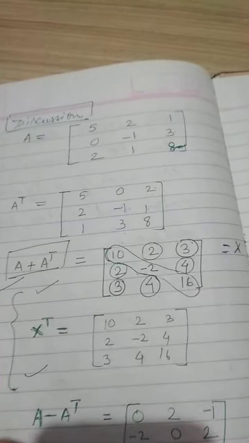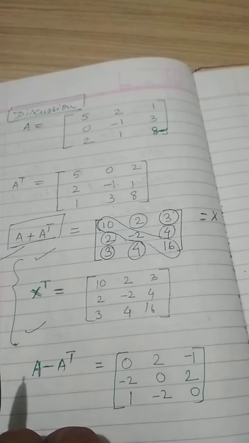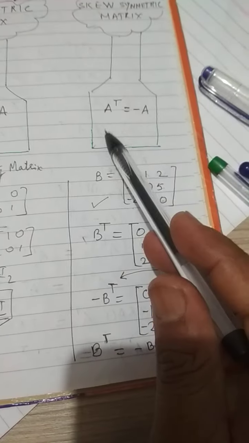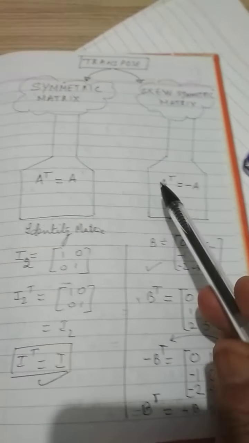What is a skew symmetric matrix? A skew symmetric matrix is that matrix whose transpose is equal to negative of the matrix.